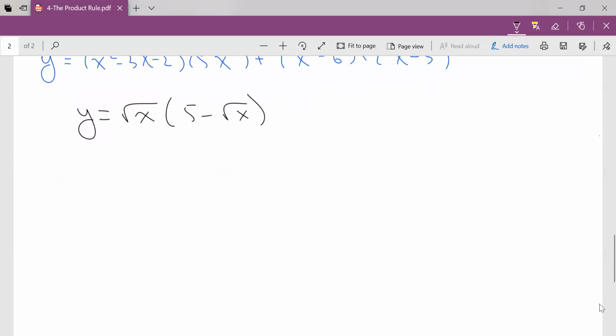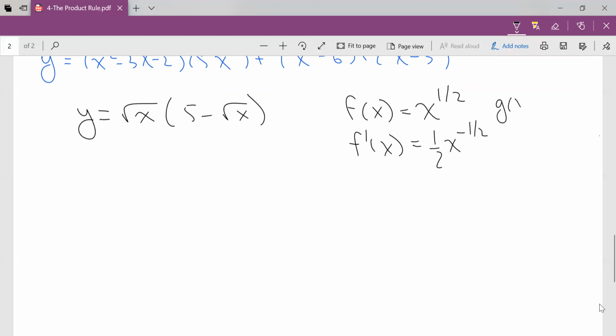Let's call f(x) equal to root x, and you might want to write that as x^(1/2). So f'(x), the derivative, is 1/2 x^(-1/2). g(x) is the second function, 5 minus x^(1/2). So g'(x) is simply -1/2 x^(-1/2).